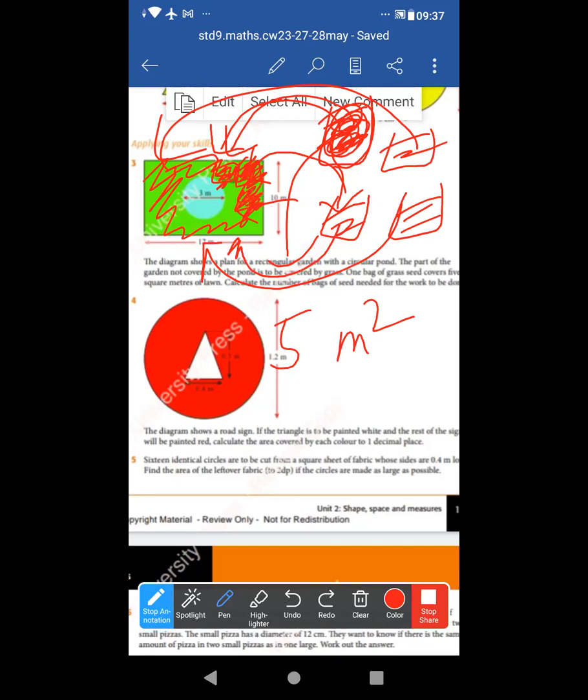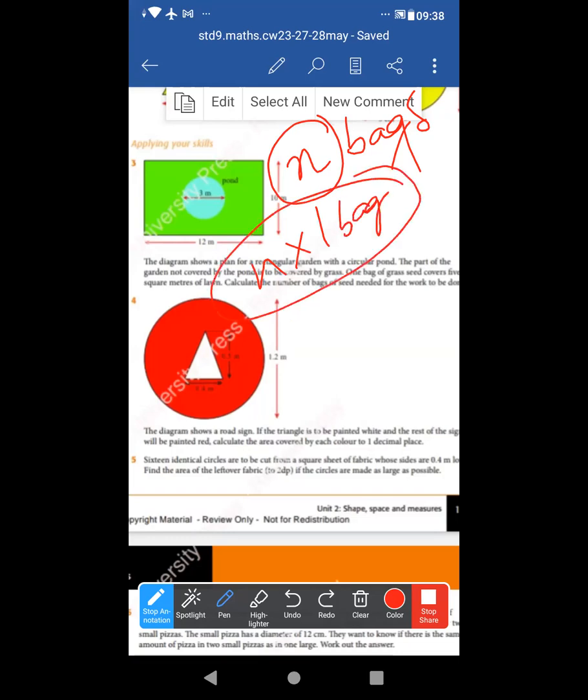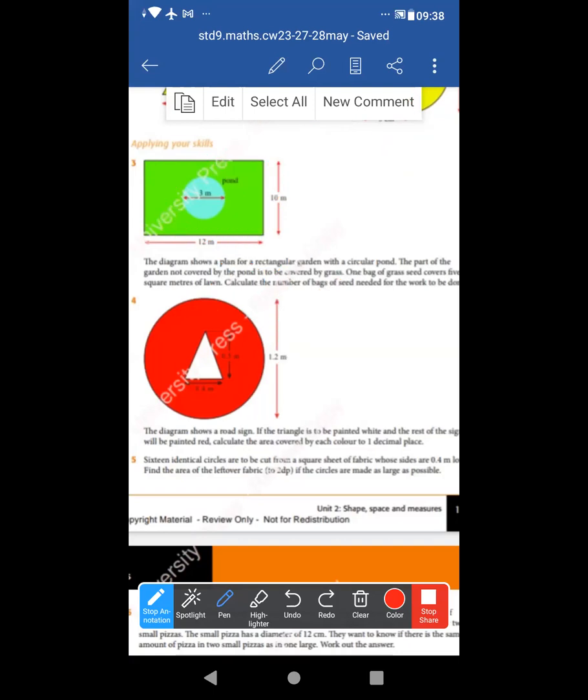In this way, we find the area, then divide by 5. Suppose there are n bags. Then area of n bags, n into area of 1 bag, is equal to the area of the remaining part. Yes or no? Yes, because these n bags will fill this area by grass. Okay, now just do it.